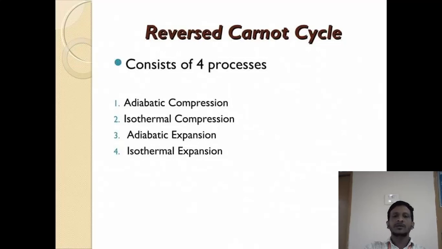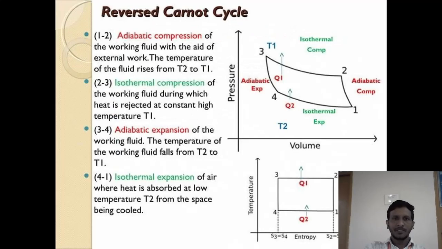In the isothermal processes, both compression and expansion, temperature is kept at a constant level. This diagram shows the relationship between pressure, volume, temperature and entropy in the reversed Carnot cycle.